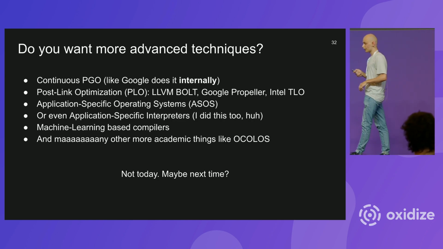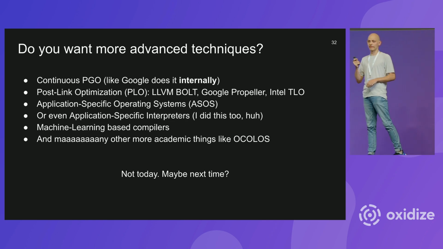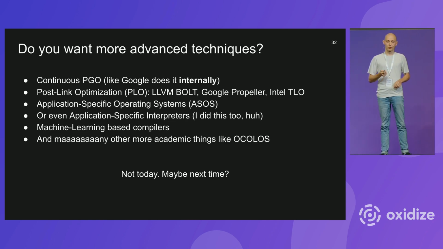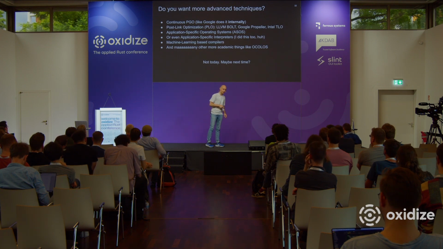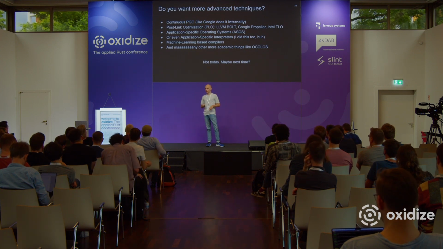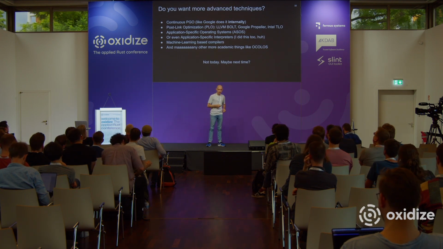There are tools like post-link optimizations, LLVM BOLT, Google Propeller, or Intel Thin Layout Optimizer that can optimize your software even after applying PGO. The rustc compiler is already optimized with LLVM BOLT, fortunately.